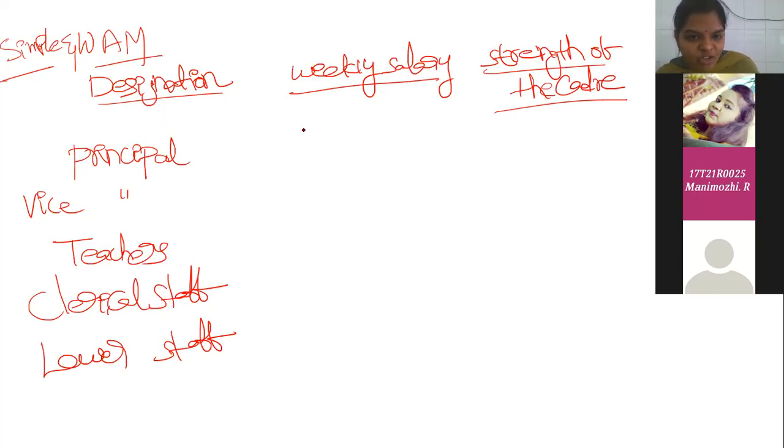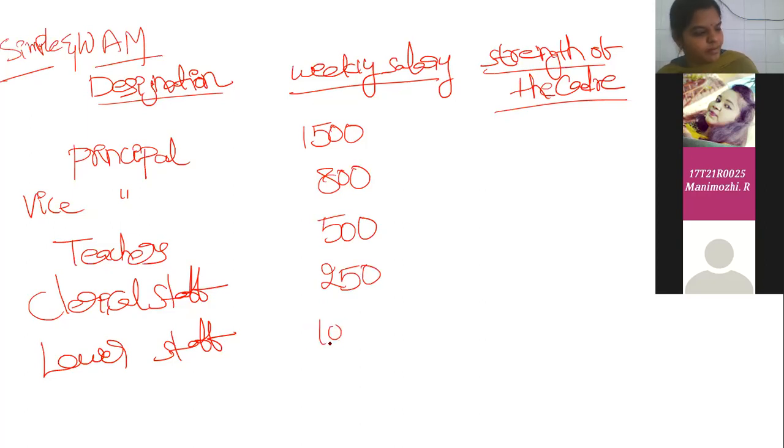The weekly salary of principal is 1500. Vice principal 800. Next, teachers 500. Next, clerical staff 250. Then lower staff 100.